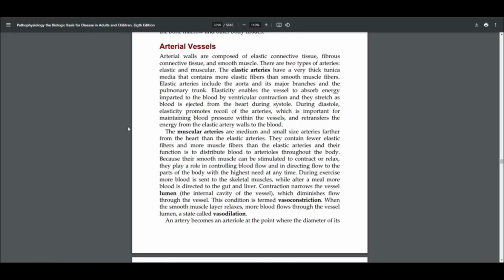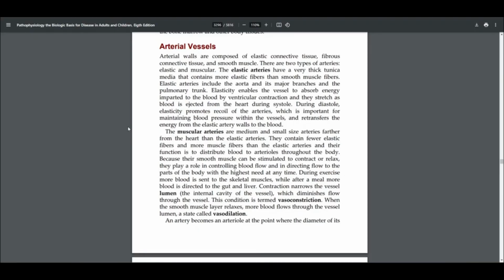This retransfers the energy from the elastic arterial walls to the blood, whereas the muscular arteries are medium and small size arteries, farther from the heart than the elastic arteries. They contain fewer elastic fibers and more muscle fibers than the elastic arteries. Their function is to distribute blood to arterioles throughout the body.